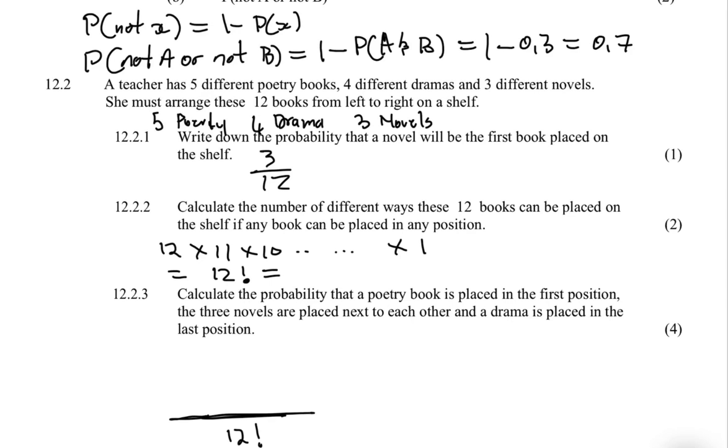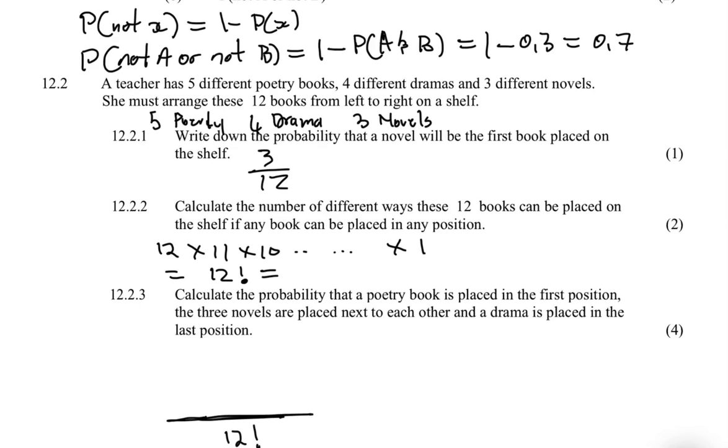On our numerator, we're going to have the number of ways for the events we are interested in. The first case is placing a poetry book first. So how many poetry books do we have? We have 5, right? So the count here will be 5 because we have 5 poetry books.